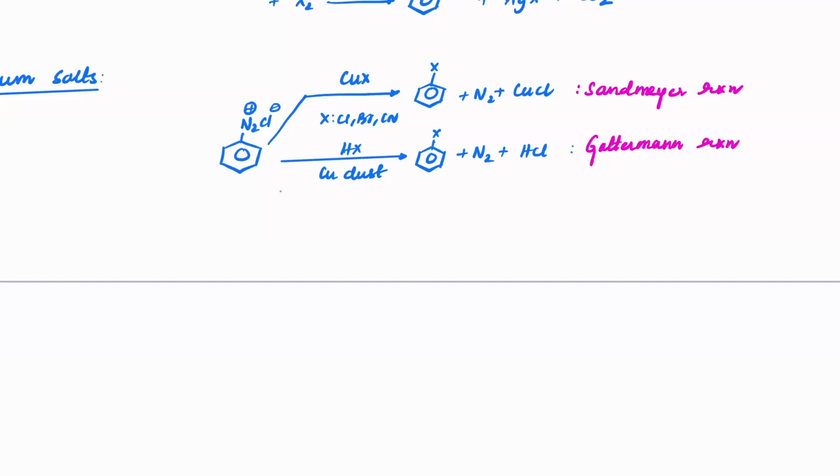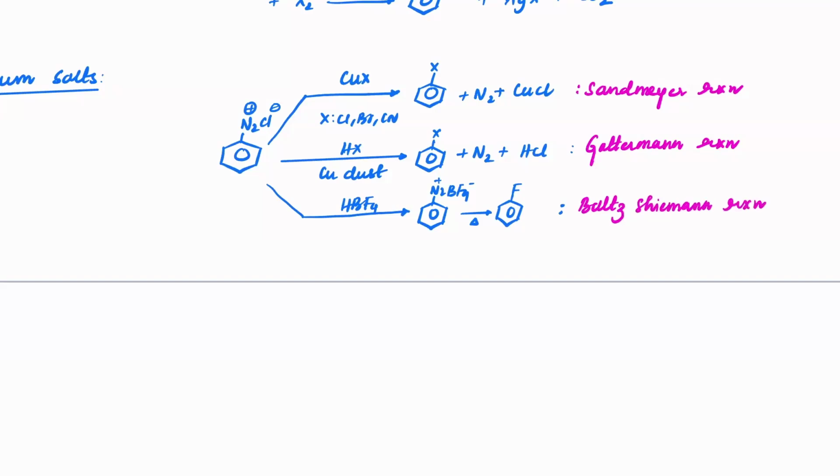Next one, if you react with NaBF4 or HBF4, you can also use HBF4 directly. First you will get a salt form, N2+ BF4 minus, and that on heating will convert into fluorobenzene. We just learned that. This is called the Balz-Schiemann reaction.